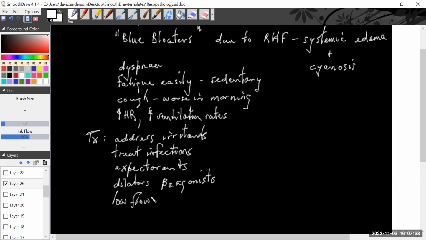Okay. Low flow oxygen is administered whenever your partial pressure of oxygen is less than about 55 millimeters of mercury. You don't need it if it's still above that, but it's recommended once it drops below that number.